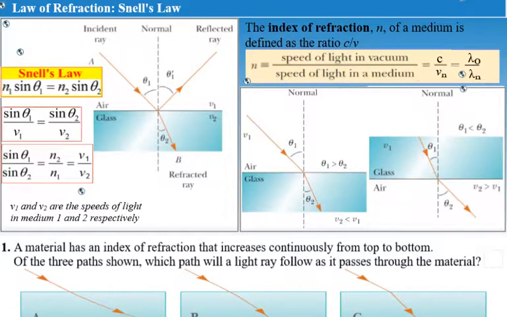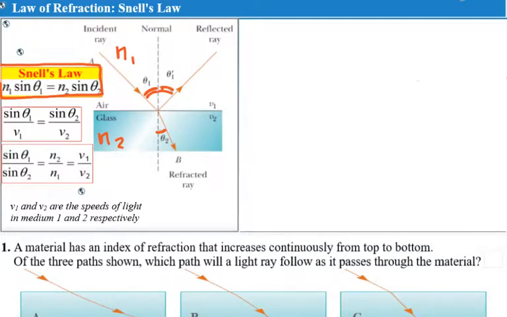Snell's law states that when you have medium n1 and medium n2, and the ray comes in with an incident angle and has a refracted angle, if medium 2 is thicker than medium 1, then the angle of refraction is going to be smaller, but the angle of reflection is always the same as the incident angle. So Snell's law says that n1 sine theta 1 is equal to n2 sine theta 2.